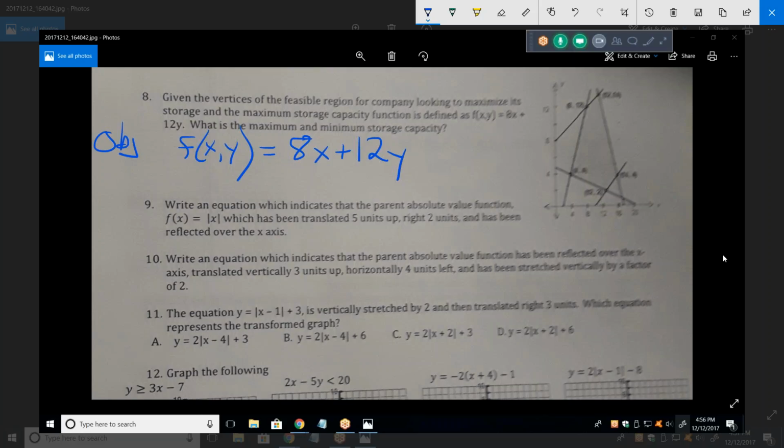If I want to figure out the maximum and minimum, then I have to examine those vertices, all 5 of them, plugging the x and y values into this objective function, and whichever my biggest number is, that's the maximum. Whichever my smallest number is, that's the minimum.